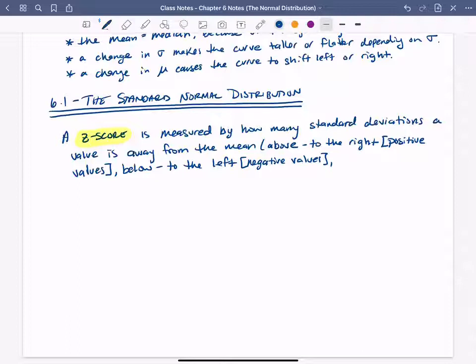What happens if we don't have either one? What's our third option? It's 0. And that's when our value, our x, equals the mean. So x is the same as mu, if we're going to use some math terminology there.